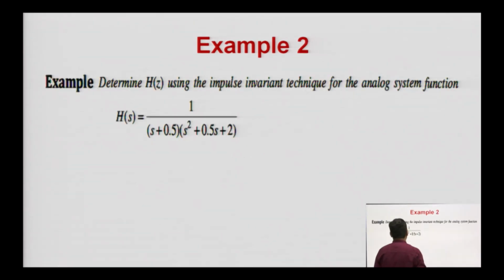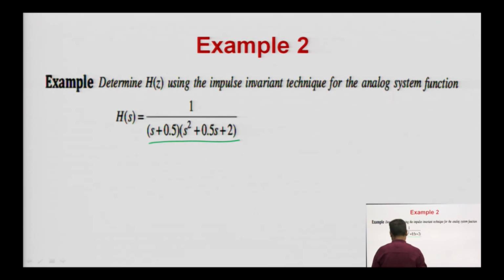Next, if we see another example, now you have to determine H(z) here by using the impulse invariant technique for the analog system function H(s) is equal to 1 upon (s plus 0.5) into (s square plus 0.5s plus 2).